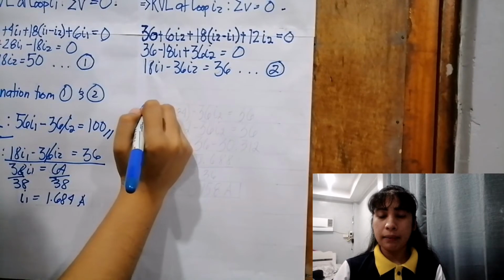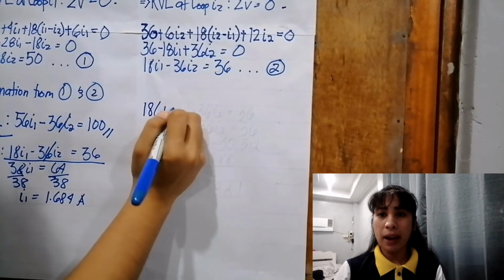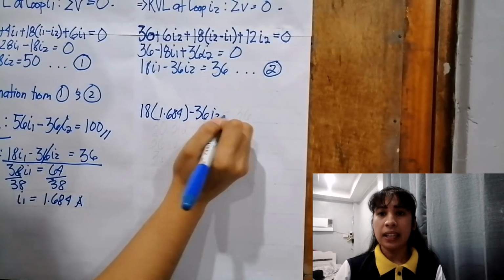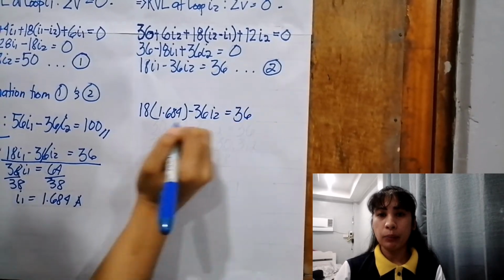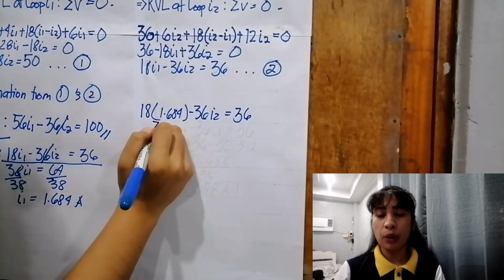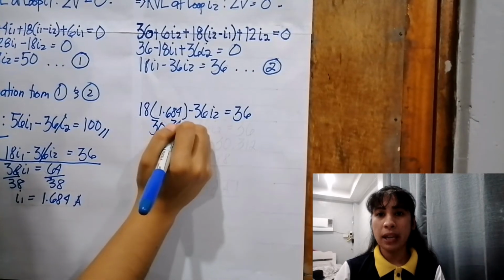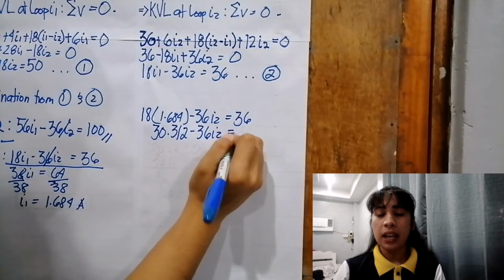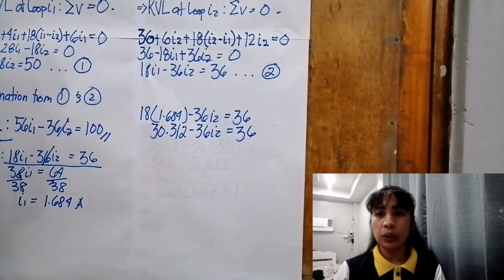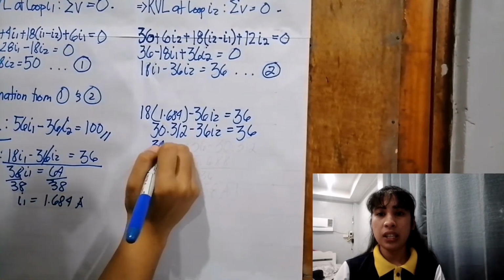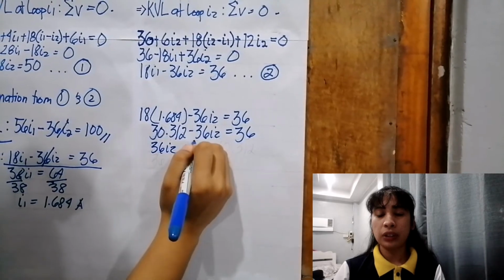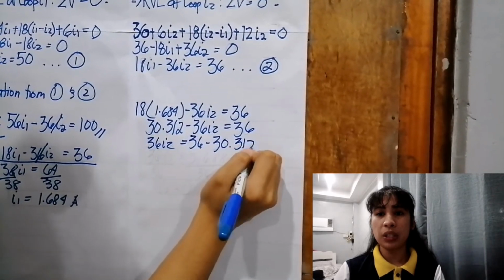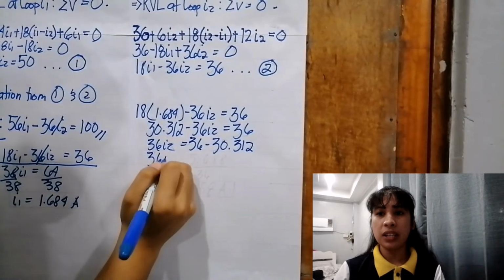18 multiplied by 1.684 minus 36 I2, that will equal to 36. And 18 multiplied by 1.684 is 30.312, and then minus 36 I2 is equal to 36. And this makes 36 I2 equal to 36 minus 30.312, and 36 minus 30.312 is equal to 5.688.